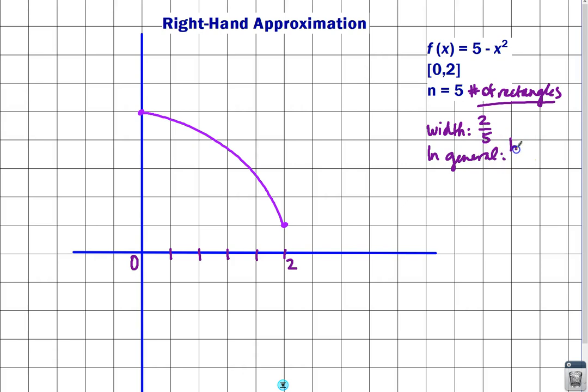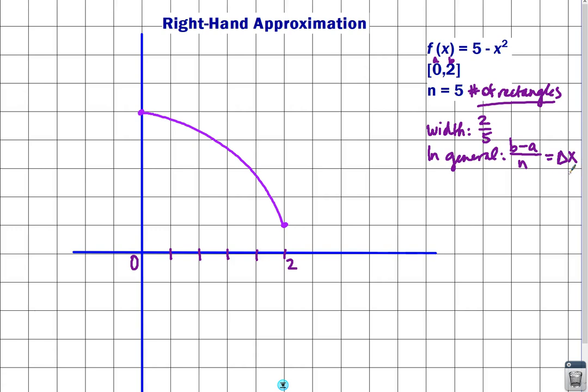So we're going to call that b minus a, where this is a, this is b. You're on the interval from a to b, divided by n. Okay, n being the number of rectangles. So the width for this specific one is 2 fifths, but in general, it's always going to be b minus a over n.